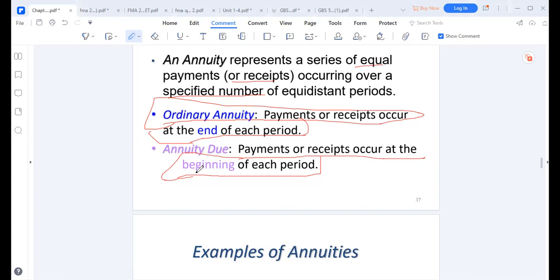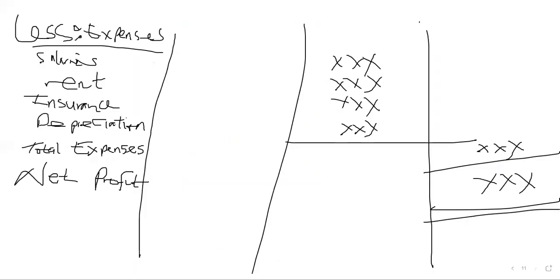So this is just about the distinction between an annuity due and an ordinary annuity. If you're making a deposit at the beginning of the period, it's called an annuity due.